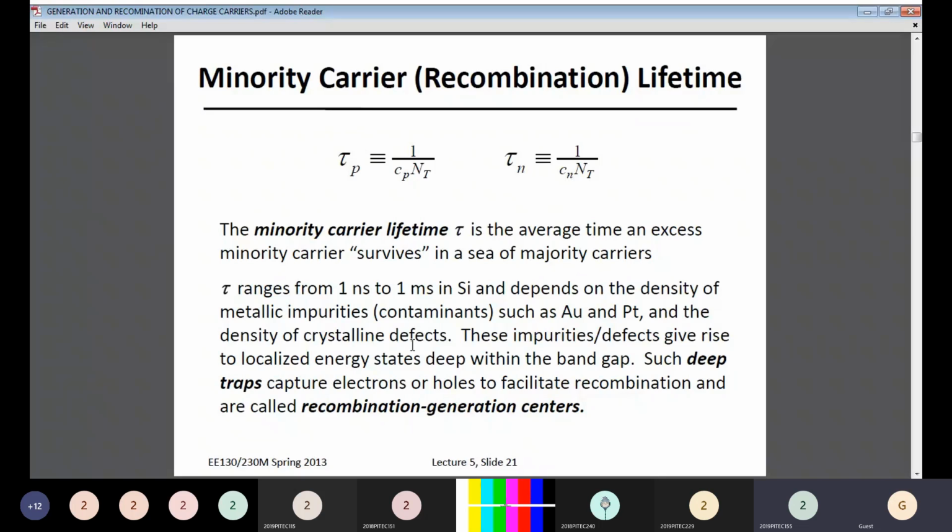The value of tau ranges from 1 nanosecond to 1 millisecond in silicon and depends upon the density of metallic impurities, that is contaminants such as gold and platinum, and the density of crystalline defects. These impurities give rise to localized energy states deep within the band gap. Such deep traps capture electrons or holes to facilitate recombination, and are also called recombination generation centers.